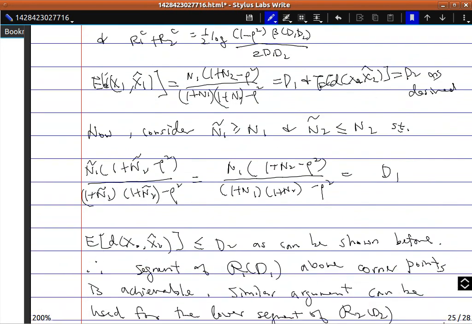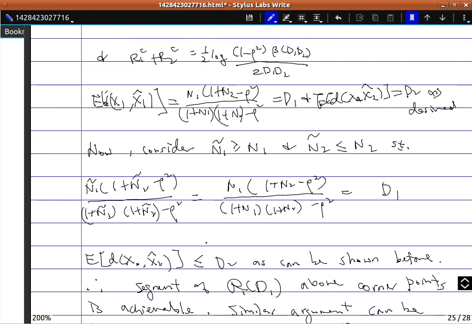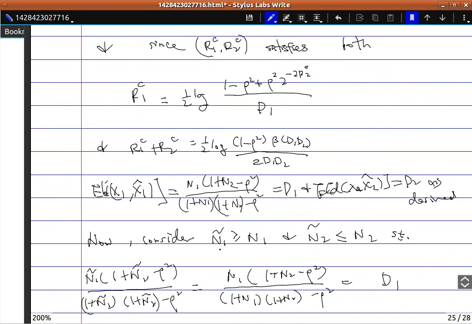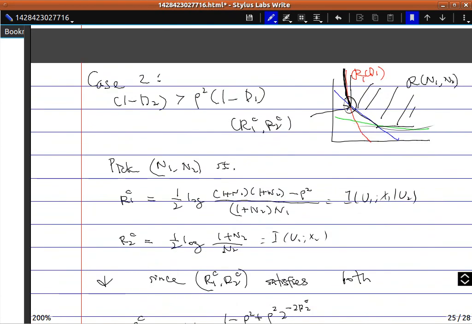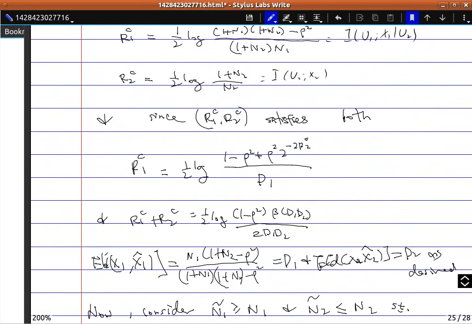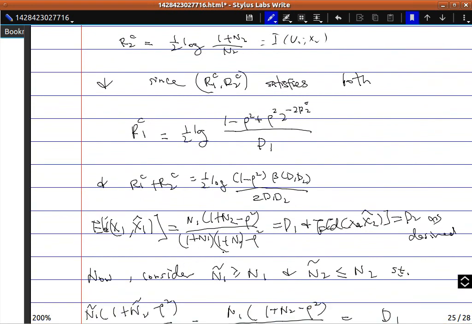Using a similar argument as before, as in the first case, we can show that the corresponding distortion for this choice will be less than or equal to D2. So therefore, for that choice of M1 tutor and M2 tutor, this distortion constraint is satisfied.